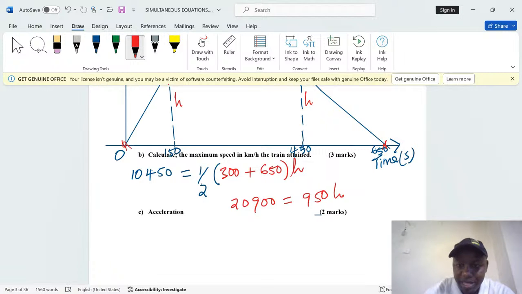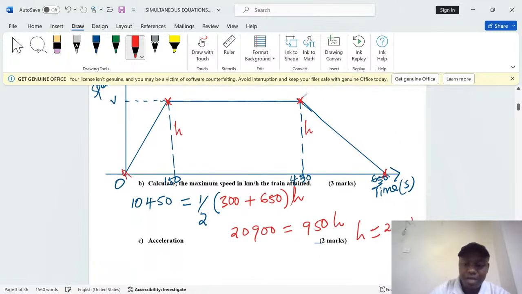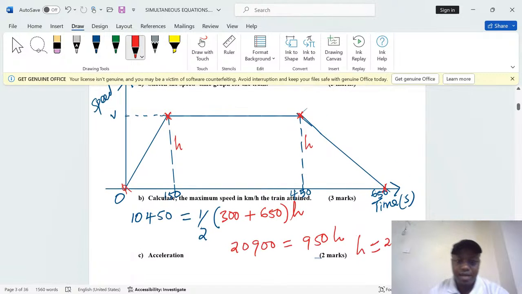To remain with h, we need to divide through 2,900 divided by 950, and this gives me exactly 22. So 22 is the height there, and the height will represent the speed, which is maximum. So the maximum speed is going to be 22 meters per second.